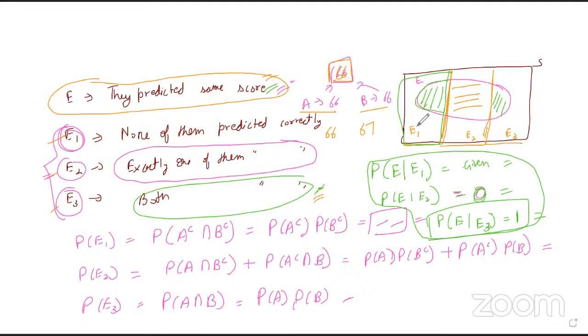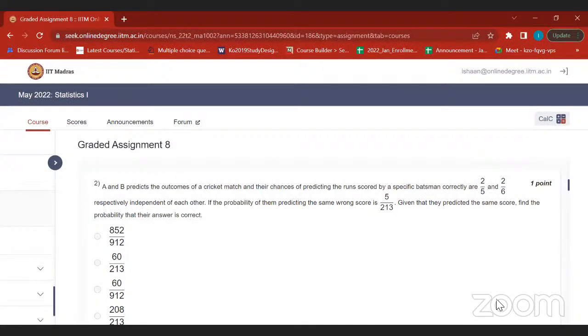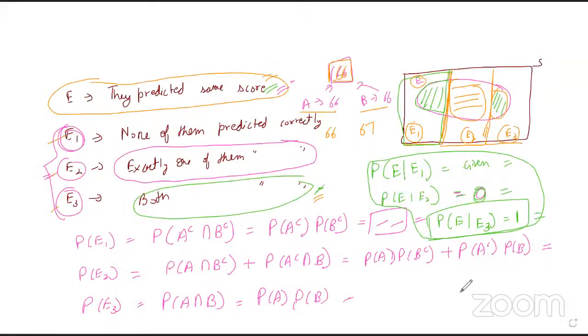Now see, we have information about these three parts, E1, E2, E3, and we also have information about this event E within each part, right? I know E given E1, E given E2, and E given E3. Now the question says, given that they predicted the same score, find the probability that their answer is correct. So now they are saying this event E has occurred: they have predicted the same score.